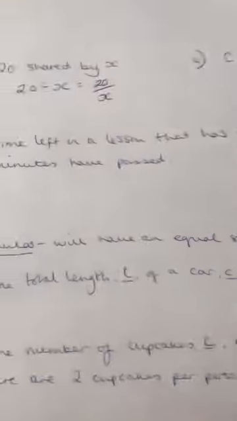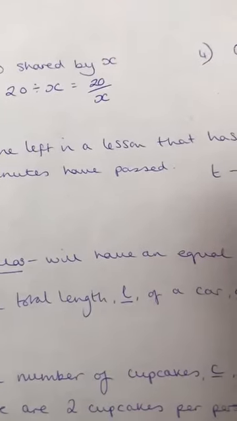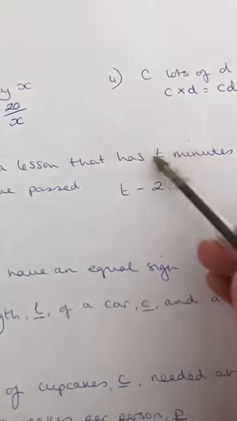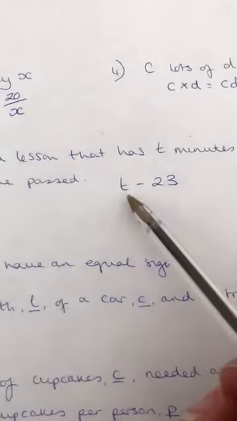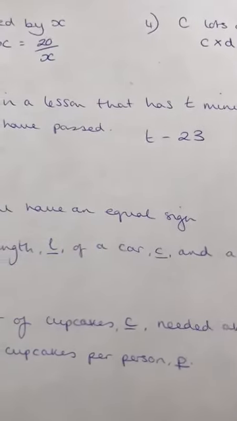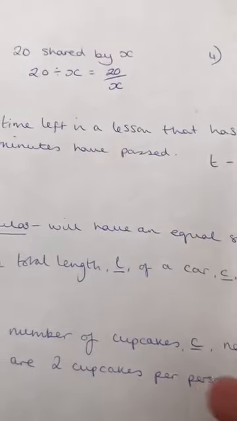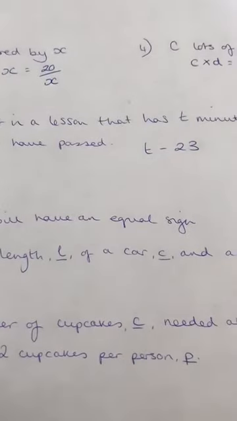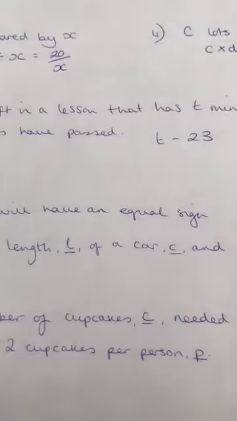So you need to do T take away 23. So just remember to replace any value that you've given T to help work out the type of maths you need to do in your head back to its original value or letter there. Another note to point out here is that even though it says T minutes, you don't include units in your expressions or your formula. So you wouldn't put T minutes take away 23, you just put T.